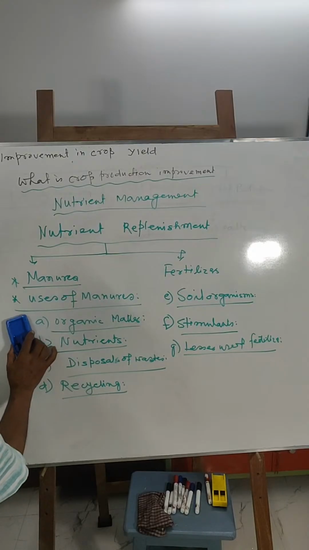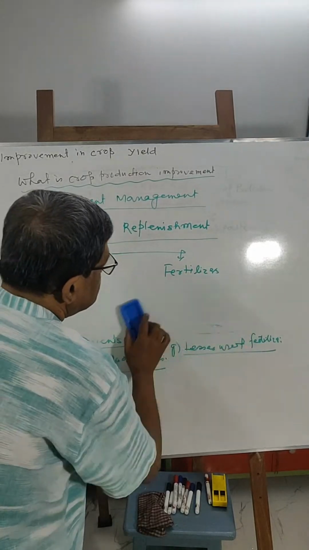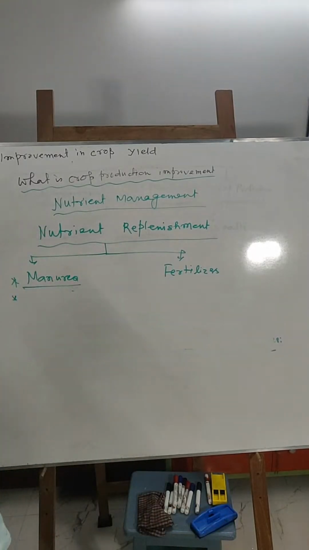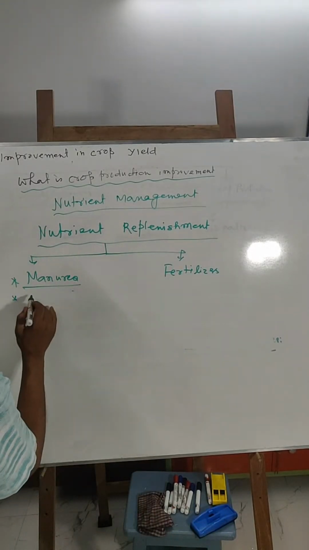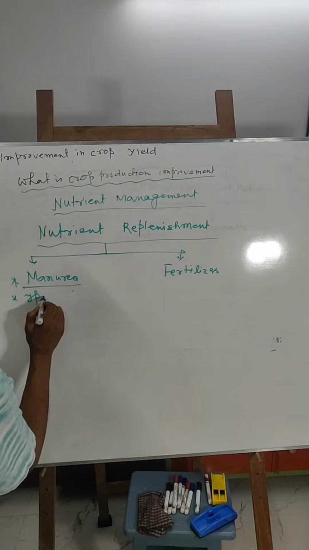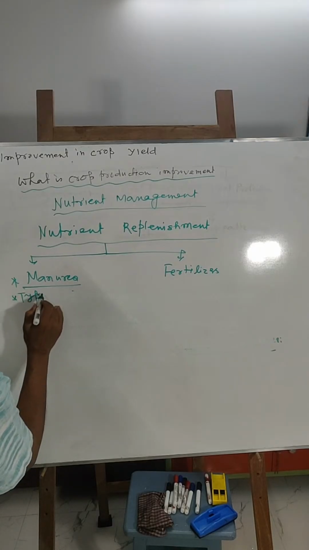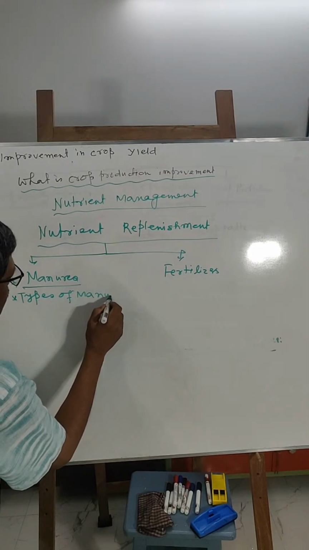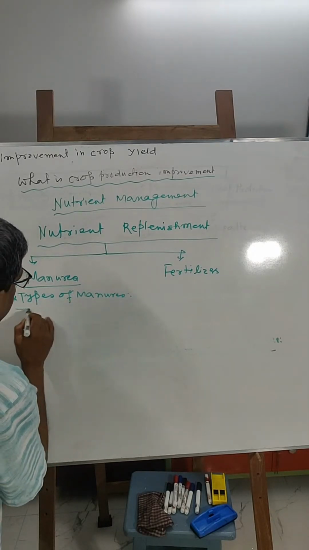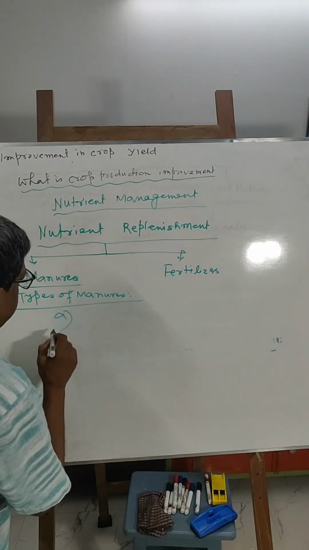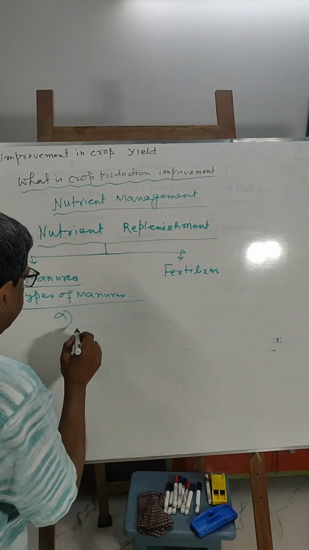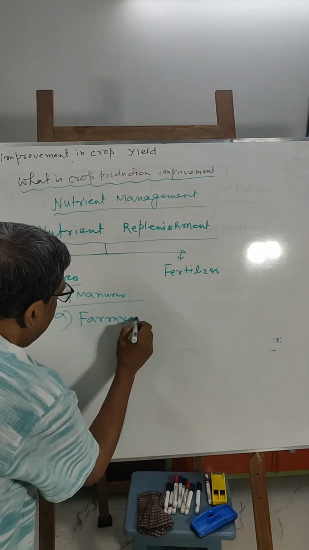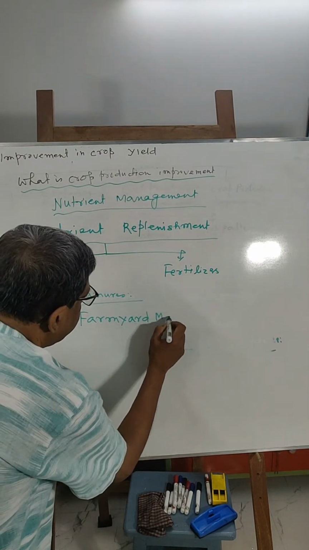Next, types of manures. Number A, farmyard manure.